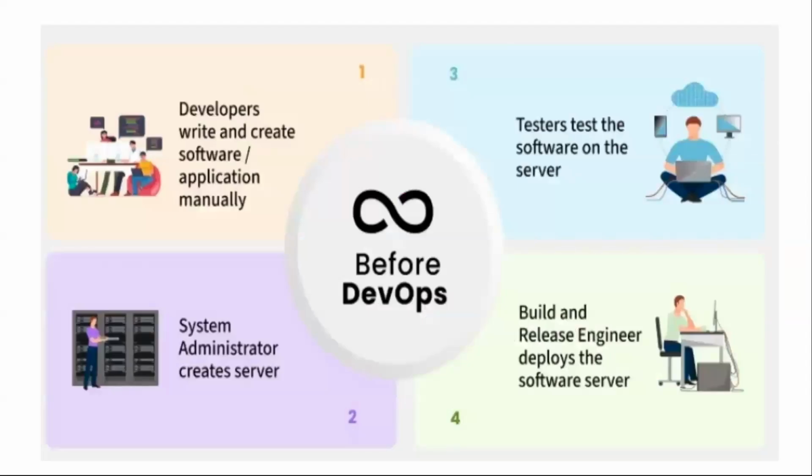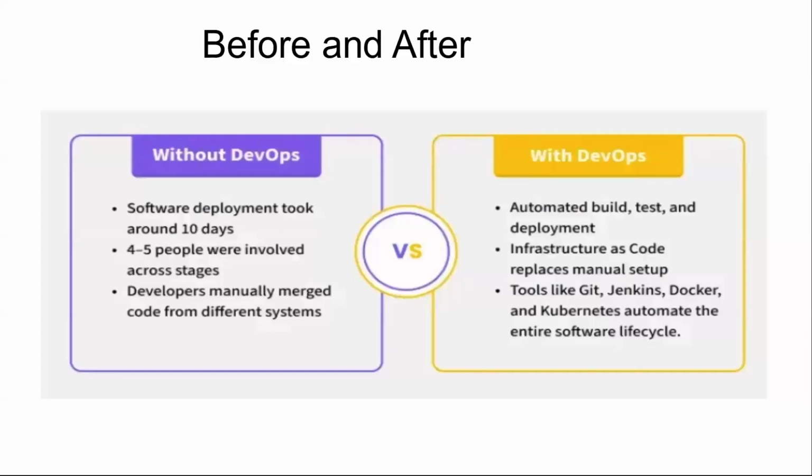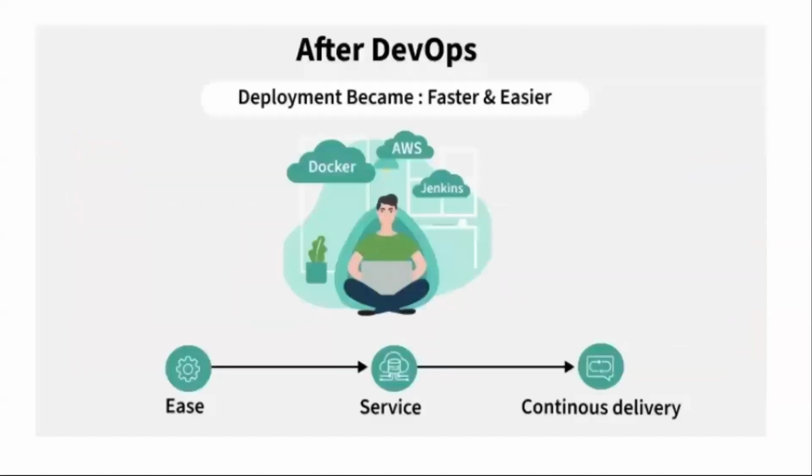Before DevOps, usually every team worked independently, but it took a long time and they did not have communication. They were doing their own task. But with DevOps, it was automated, so instead of taking a long duration, the time consumption became less. It became much faster and easier.